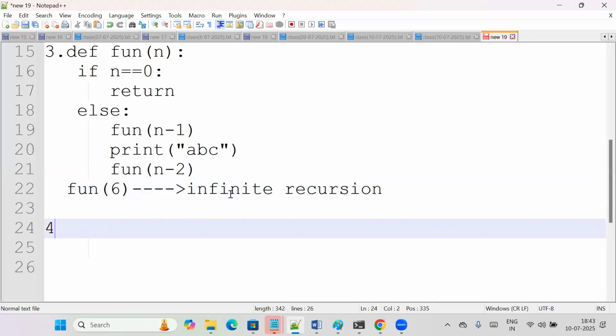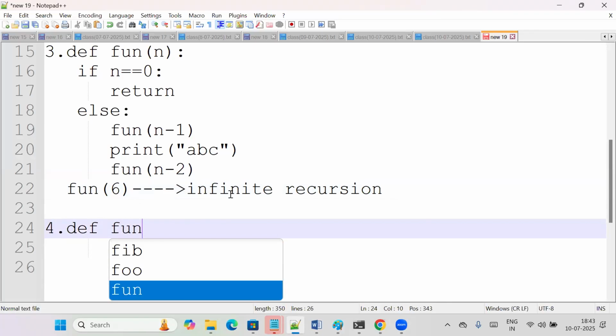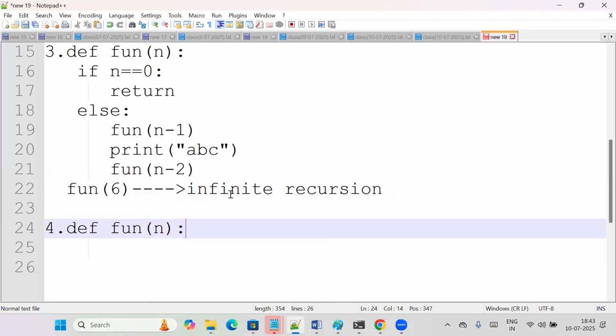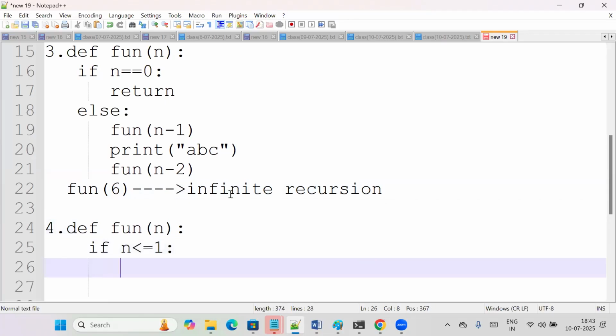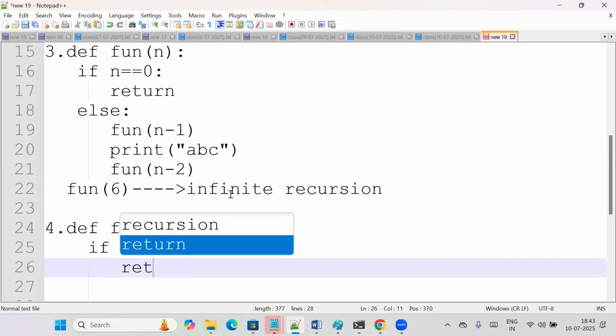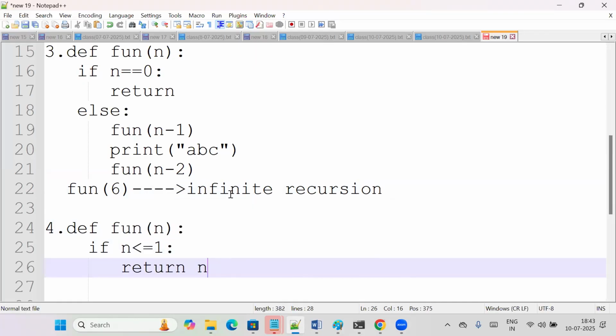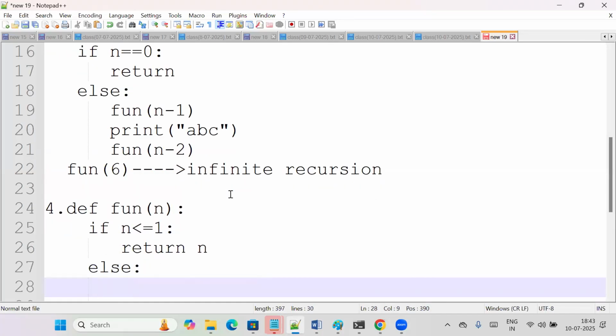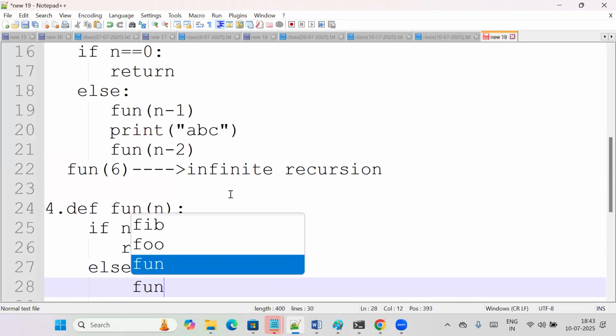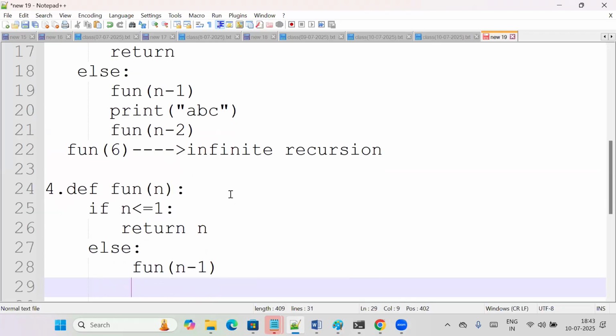What if, guys, this is the case? Function of n minus 1, print.